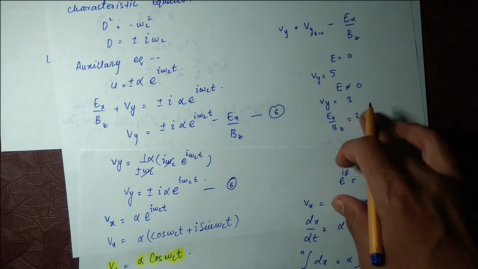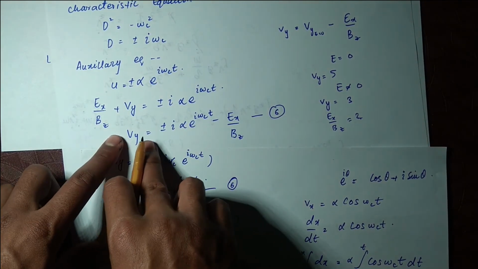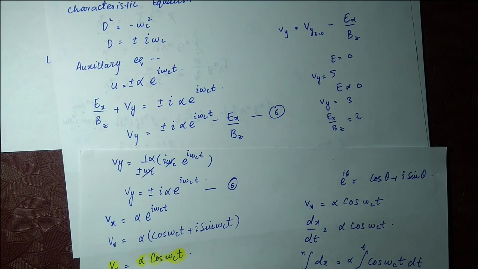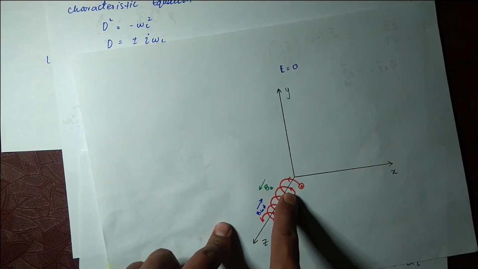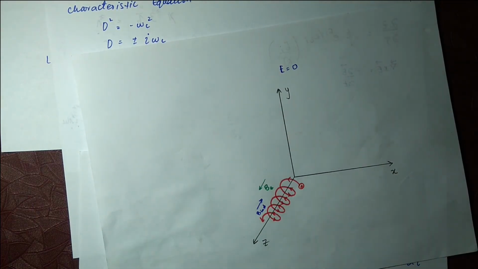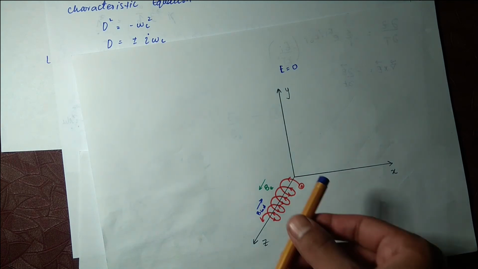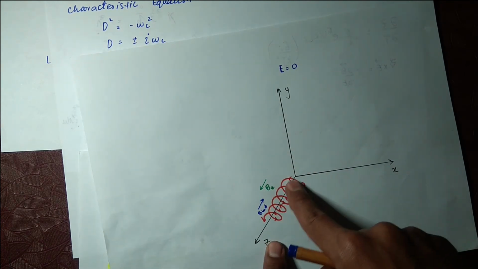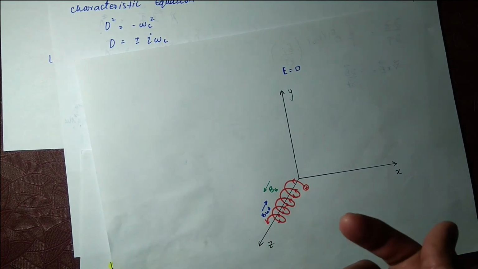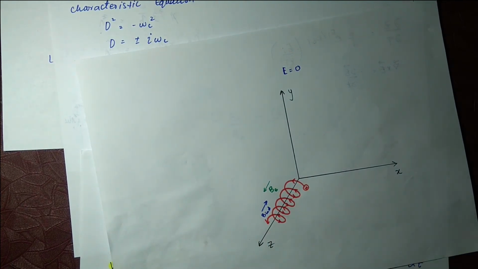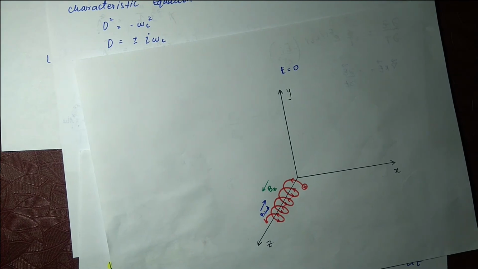Because v of y is changing now, it will impact our graph, and our graph will move a little bit higher. Now this graph won't be on the axis of z. This velocity is changed, and because of this change in the velocity, the graph will be changed.